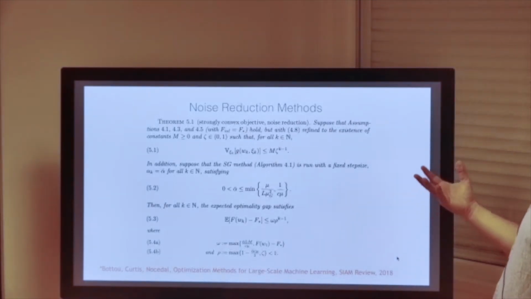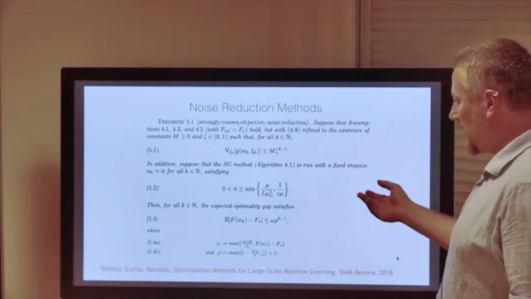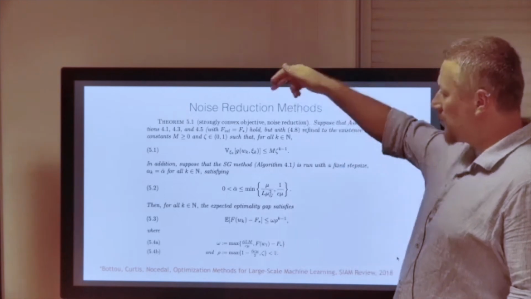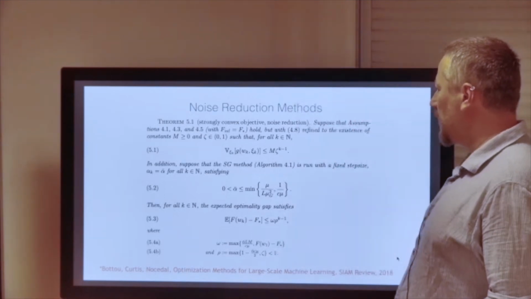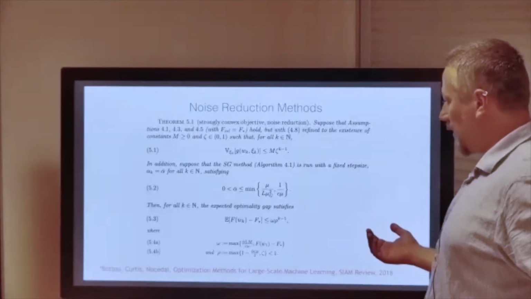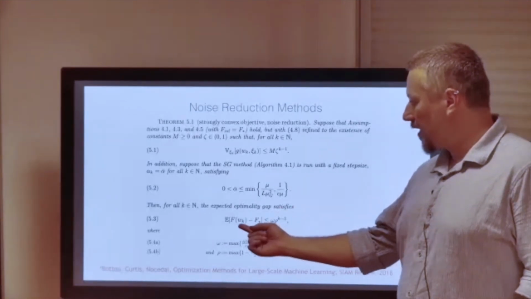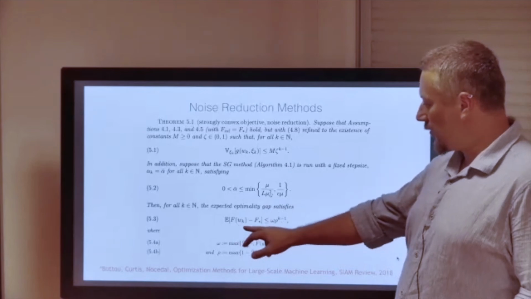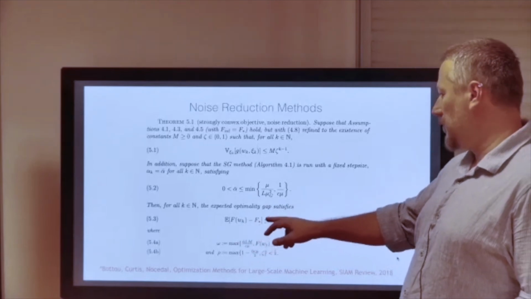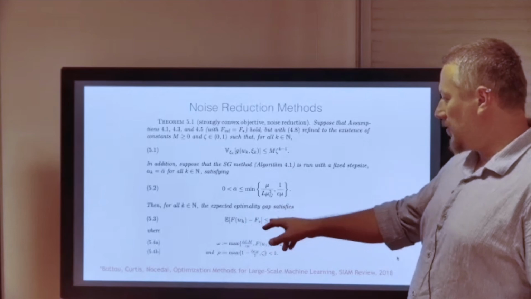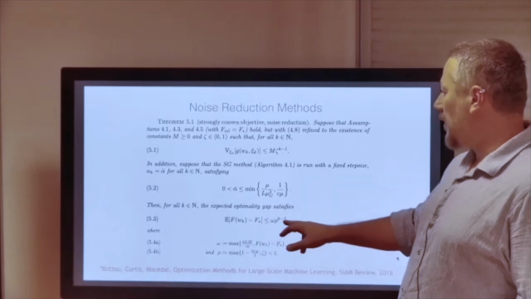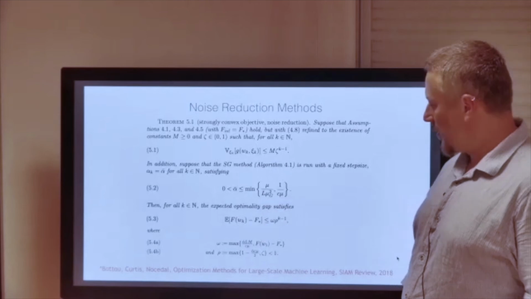So if it decreases exponentially, then with these constants, basically what you can show for a strongly convex objective function with a fixed step size is that the expected distance between your steps and the global minimum also decreases exponentially.